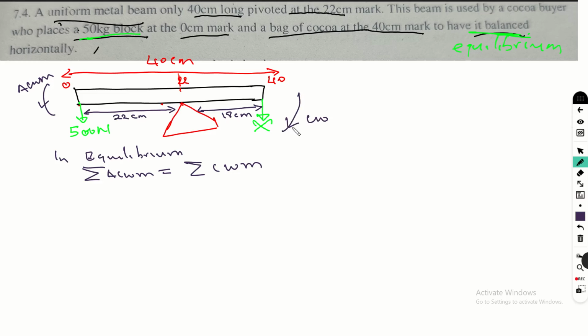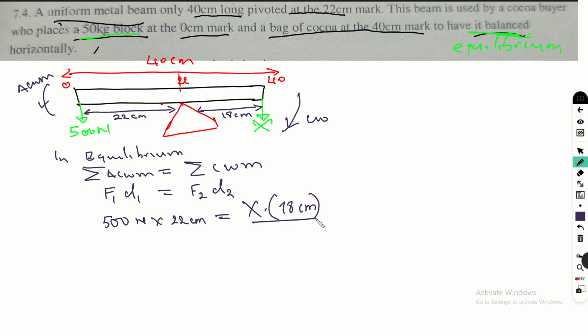We have force 1 times distance 1 equal to force 2 times distance 2. So the first one will be 500 newtons times 22 centimeters equal to F2, which we don't know, X, times 18 centimeters.